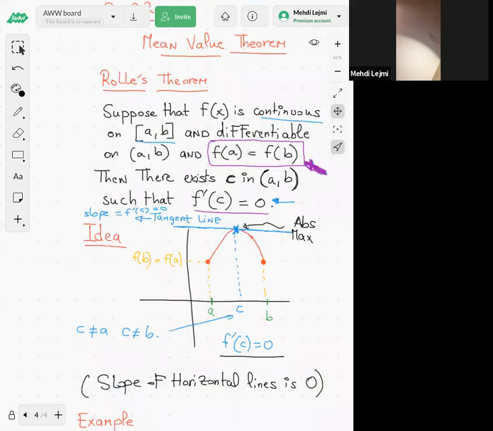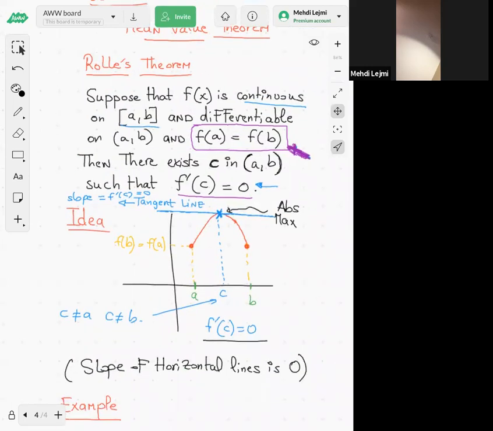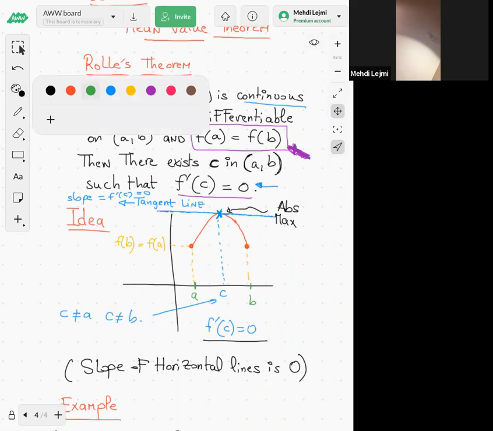So then by Rolle's theorem, I have this function f, which is continuous, let's say on this interval AB. So what does Rolle's theorem imply? Rolle's theorem says that there exists a number c in the interval AB such that the derivative of f at c is 0, right?